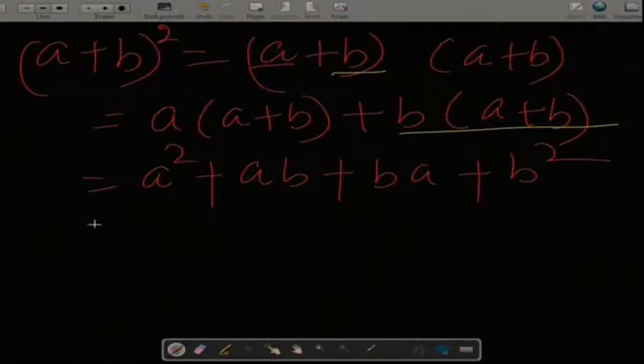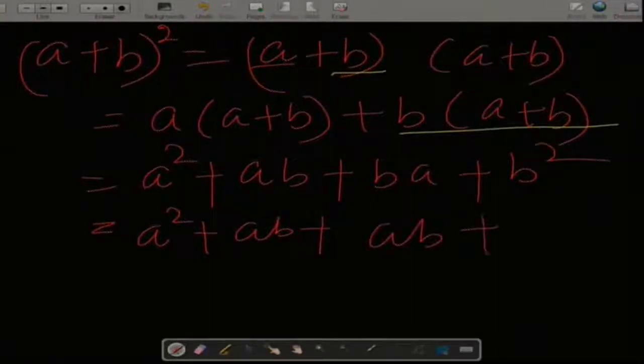Now, ba is also equal to ab, because as per the commutative property of multiplication, xy equals yx, or ab equals ba. So we have a square plus ab plus ab plus b square.